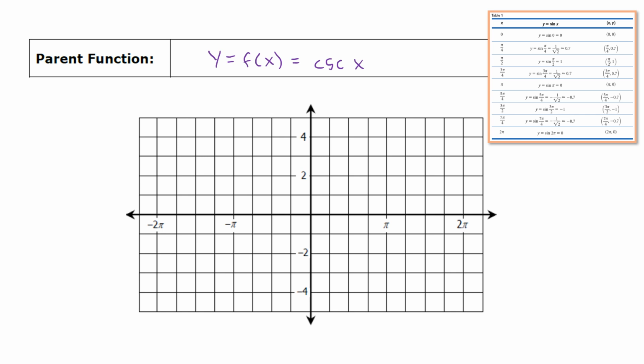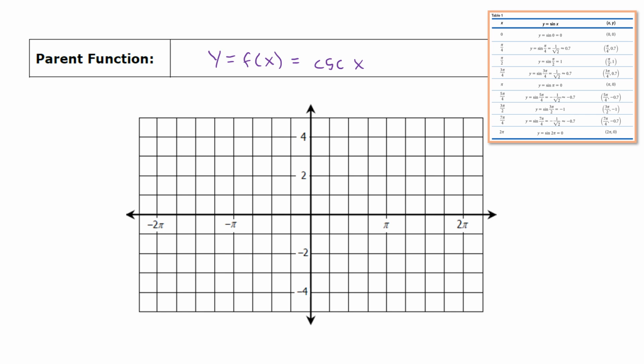Okay? So, wherever we have 0 for sine, we know we're going to have an asymptote. So, according to this table, sine is 0 at 0 radians or degrees, at pi, and at 2 pi.